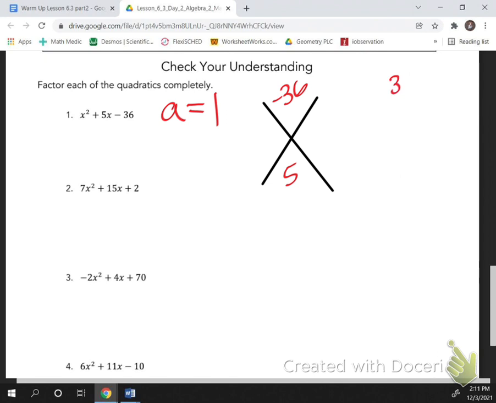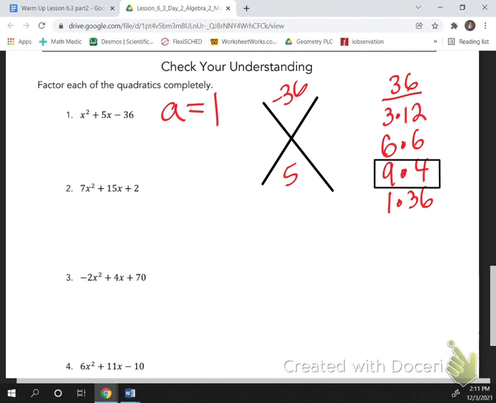So multiples of 36. 9 and 4? Yeah. And which one is negative? Negative 4. Great. And that just becomes our factors. That's when an A value is 1.